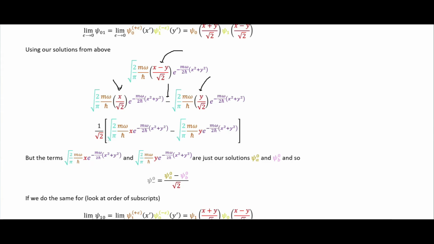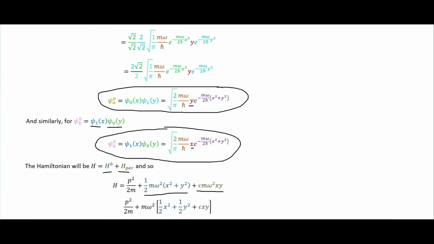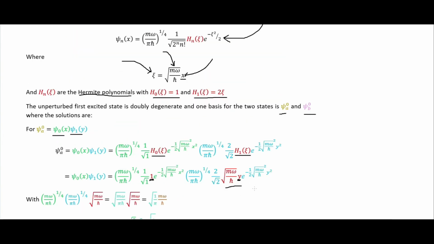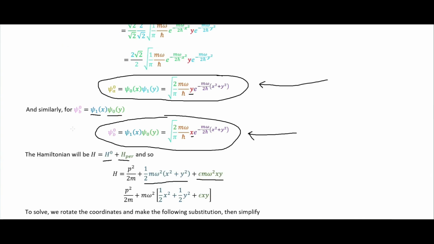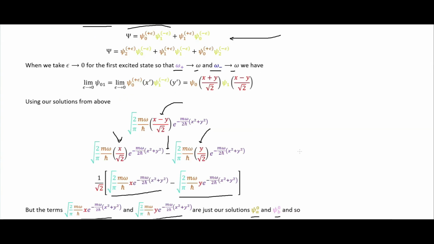What we see now is these two terms, which are the two terms we had for our solutions above, the psi A and the psi B. So the solutions we found above, up here, these two solutions right here. This was what we found for the two unperturbed states, and then we just add those together to get the degeneracy, and so that's what we find right here.